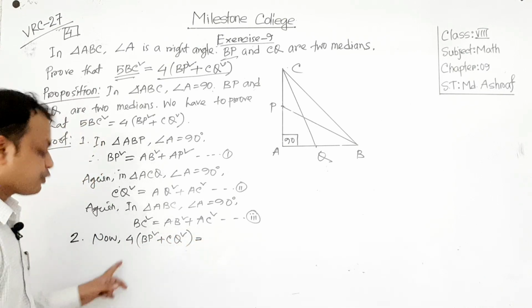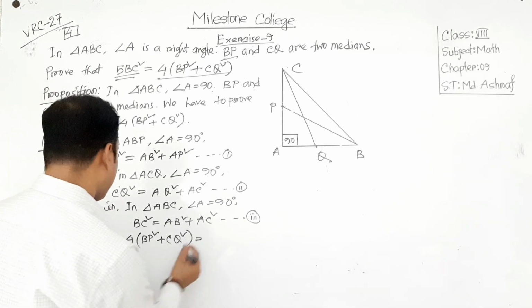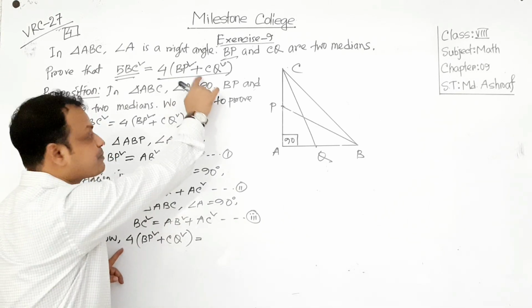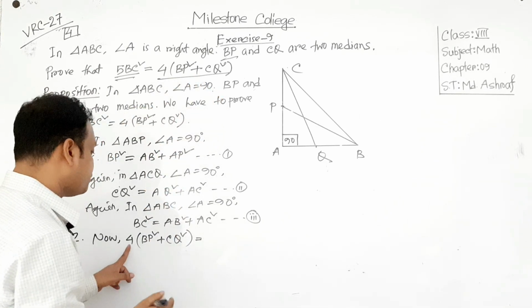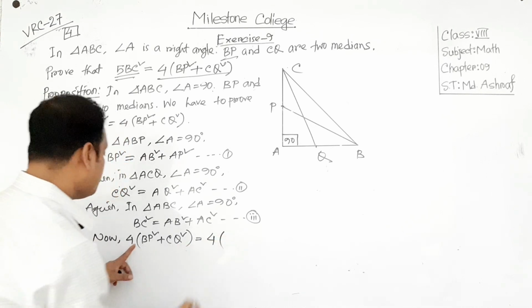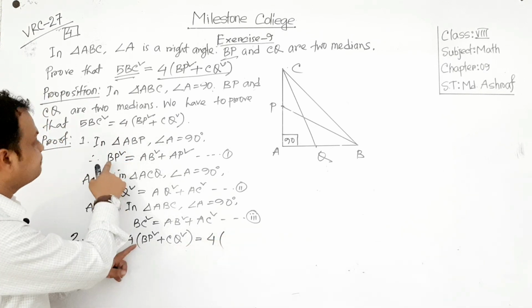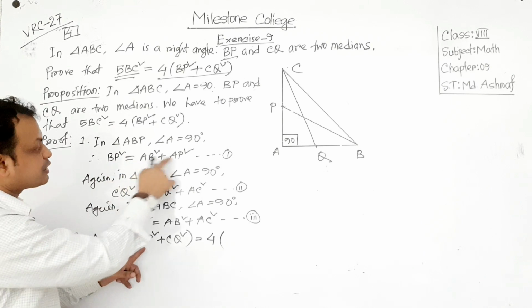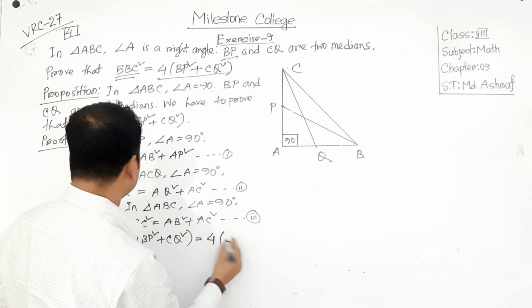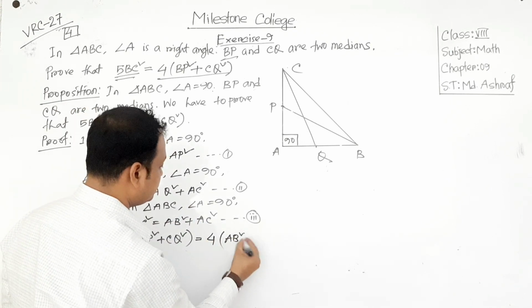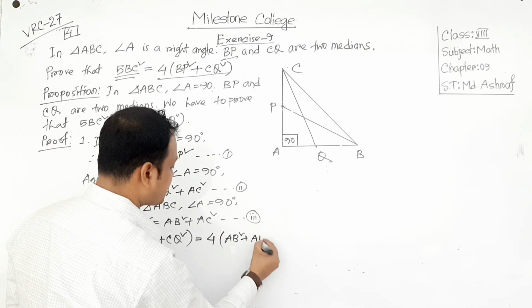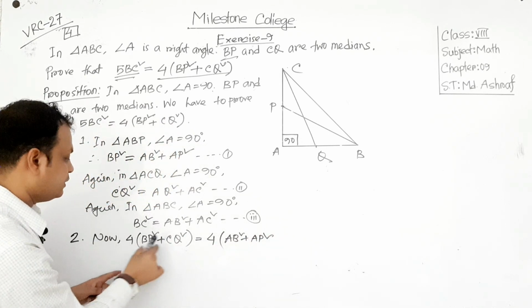So we want to find the value of this part. Okay, so I have written 4. Now put the value of BP. So what is BP? BP square equals AB square plus AP square. Write it here. So this is the value of BP square.